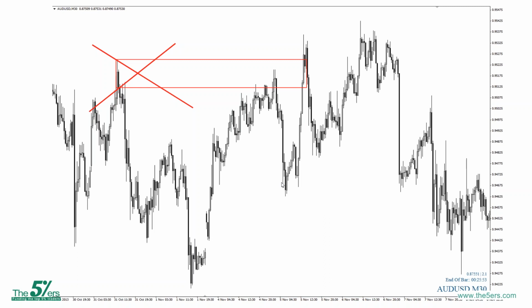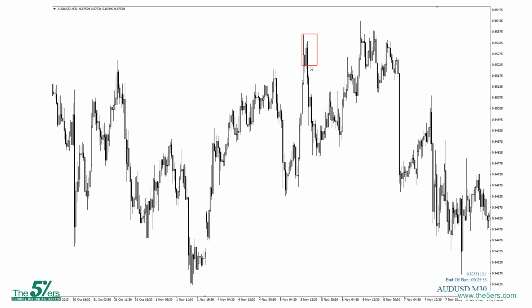But for now, with the knowledge that we have, we cannot take it. So after the first visit, we treat the zone as being consumed, and we're not going to take it unless we understand something else. And price, from our point of view, is free to penetrate the whole zone.